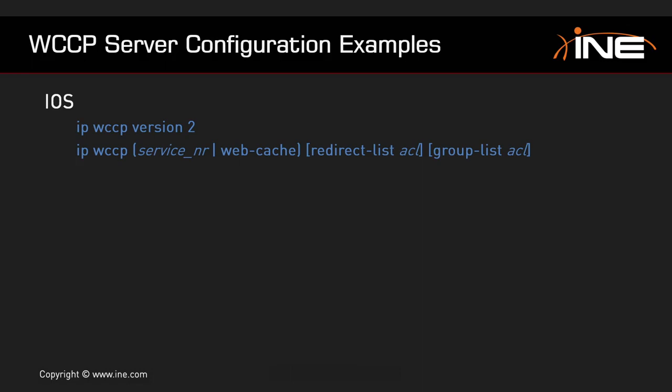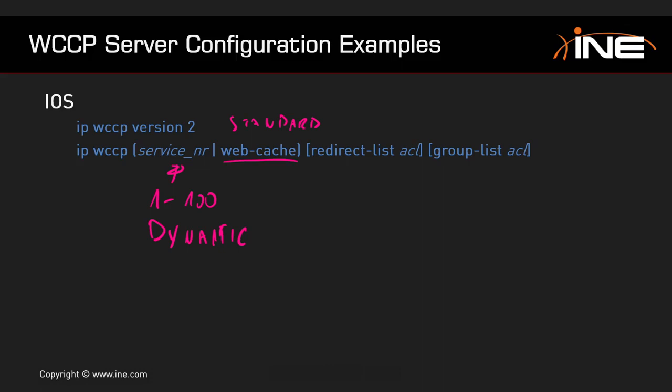Like when you say web-cache, it means that you want to go for a standard group, versus when you specify a number like 90, 80, anything between 1 and 100, I believe, is the range. It means that you want to use the dynamic service group. So in most cases, we will use a number here.